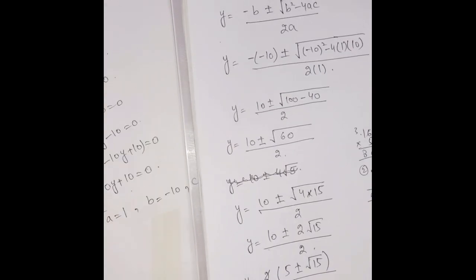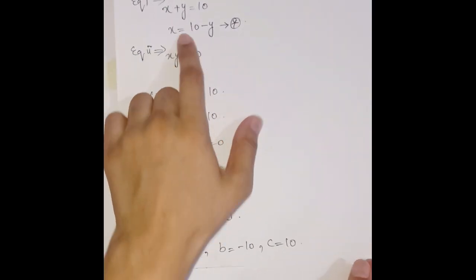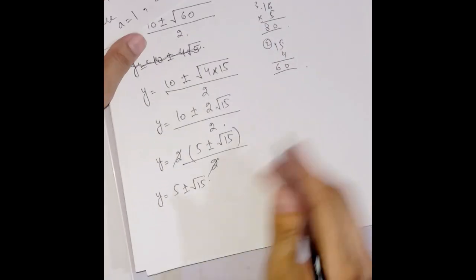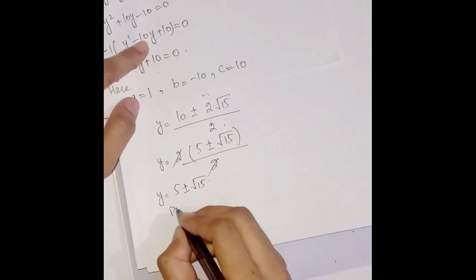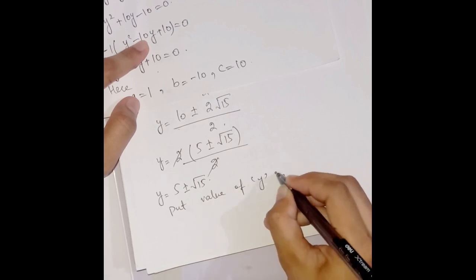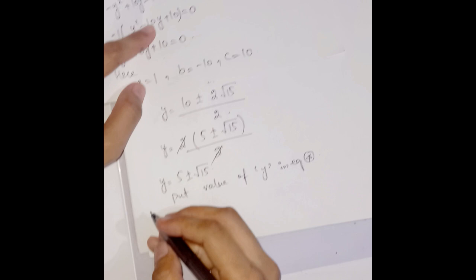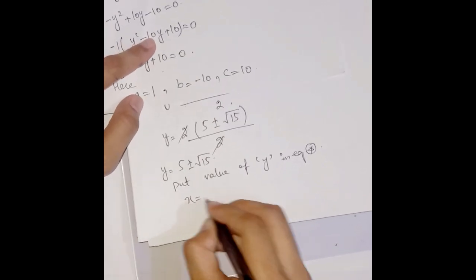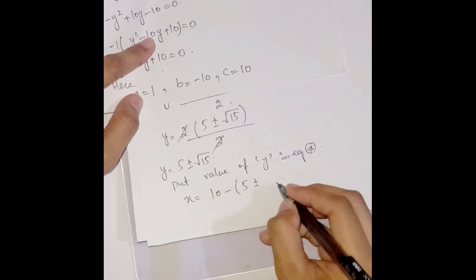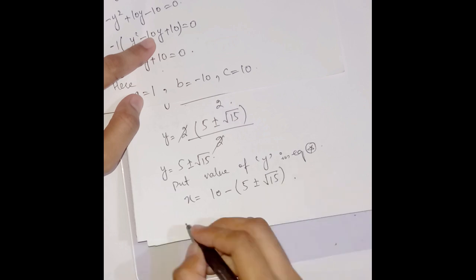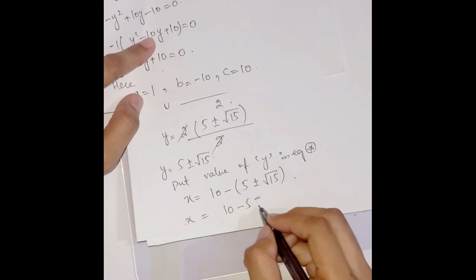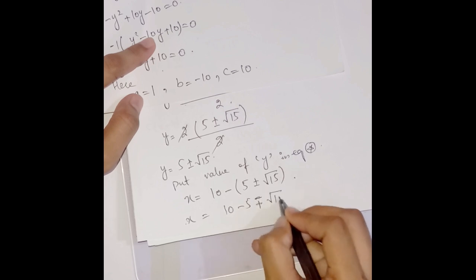Now I'm going to put the value of y here, as x is equal to 10 minus y, this equation 1. Put the value of y in equation 1. So it will be x is equal to 10 minus y, that is 5 plus minus square root of 15. So x is equal to 10 minus 5, and as minus is multiplied inside, it will be minus plus square root of 15.